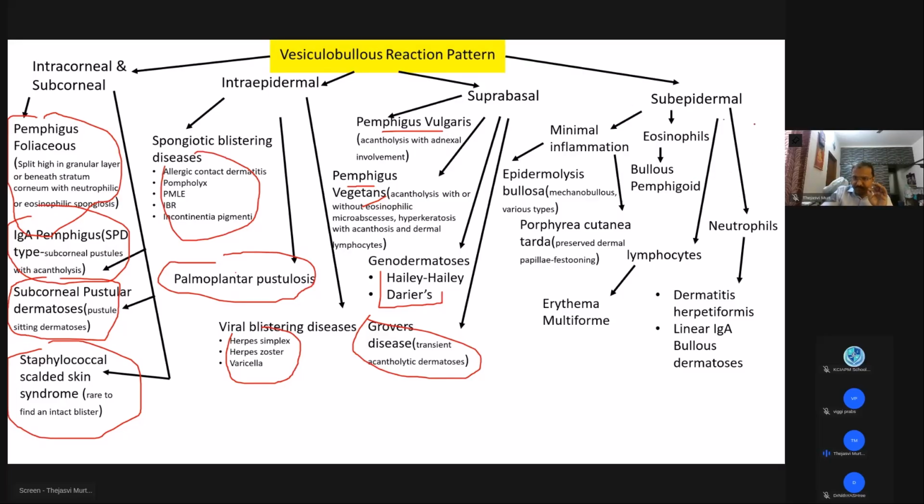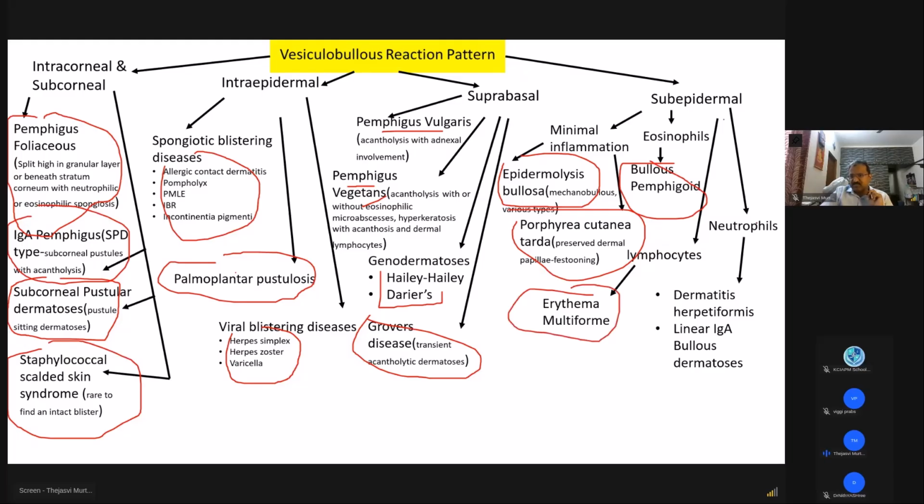Whenever you look at morphology, preserved dermal papillae with festooning indicates mechanobullous diseases with minimal inflammation. In porphyria cutanea tarda there will be prominent blood vessels in the dermal papillae. Bullous pemphigoid, eosinophils again. So porphyria cutanea tarda, epidermolysis bullosa, mechanobullous diseases; eosinophils, bullous pemphigoid; with lymphocytes, erythema multiforme.